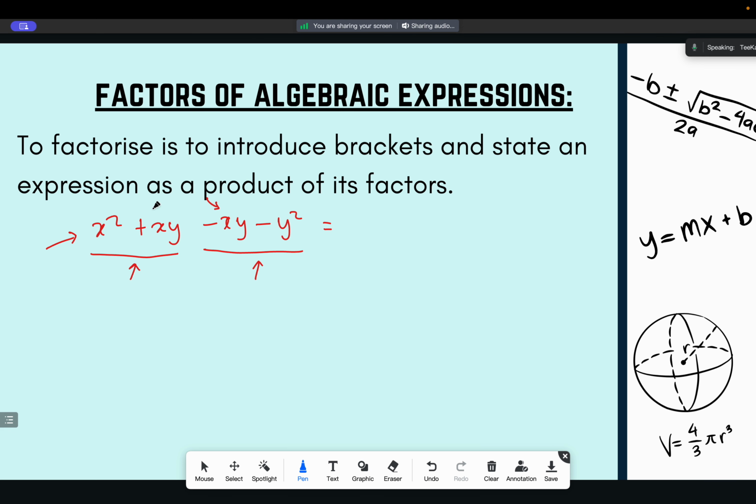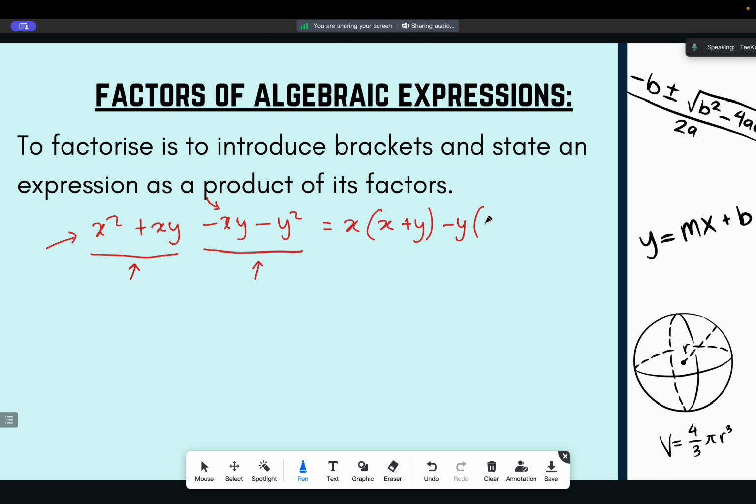This is easy because we just talked about it before. So here the common factor for this is x. So we take out x, and then x into x squared is x, x into xy is y. And then here we will continue with this one, and here our common factor is y. So let's take out minus y, and I'll tell you why I take minus y out.